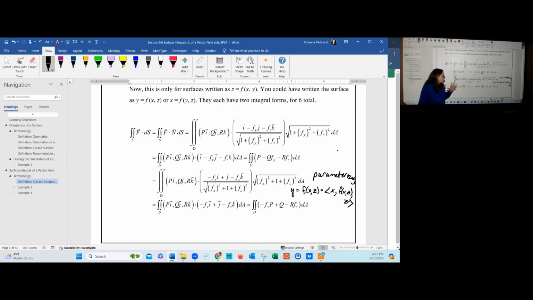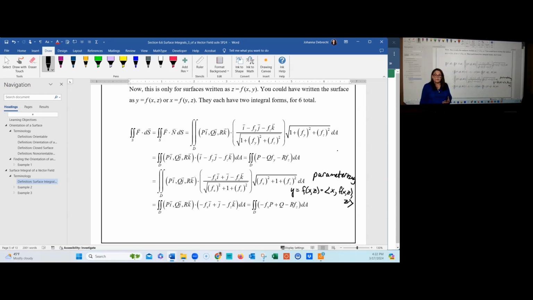In that case, it changes the formula so that the +1 goes on j hat, and it's the other two that have the negative. This results in the formula that you see for the double integral, the opposite of the partial with respect to x times P plus Q minus R times the partial of f with respect to z.